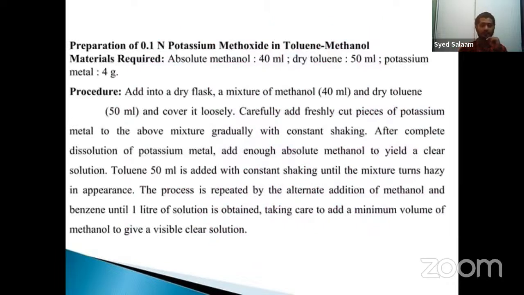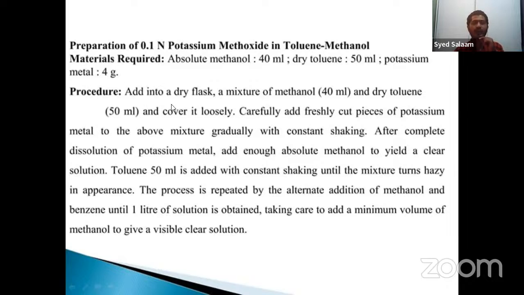Now we are preparing 0.1 normal potassium methoxide in toluene-methanol solution. Here we need to take absolute methanol 40 ml, dry toluene 50 ml, and potassium metal 4 grams.